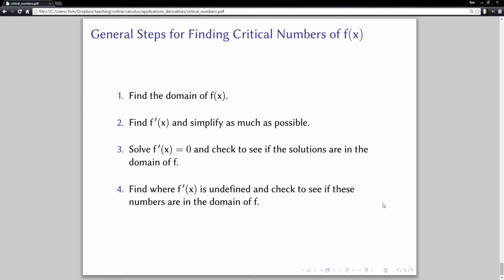Those are the general steps for finding the critical numbers of f. Remember, it's going to vary depending on what type of function it is. Also, notice we really haven't talked about why you would want to find these critical numbers, and we will talk about the importance of these critical numbers in later videos.